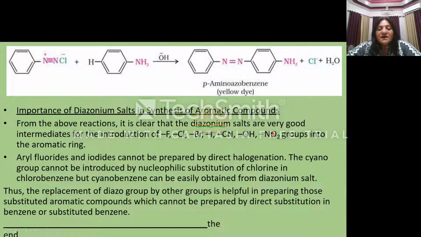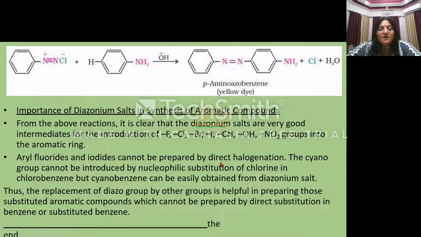Aryl fluorides and iodides cannot be prepared by direct halogenation, because the side products HF and HI are formed. HI is a strong reducing agent, so it reverses the reaction. So iodobenzene and fluorobenzene cannot be prepared by direct halogenation.